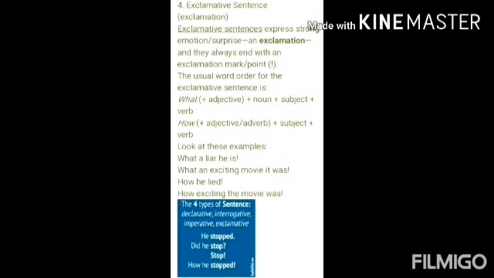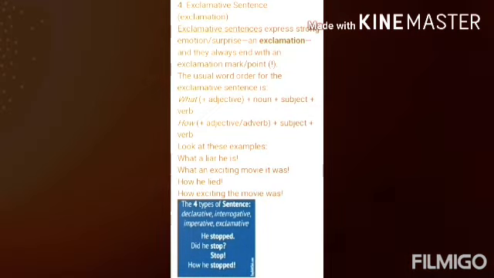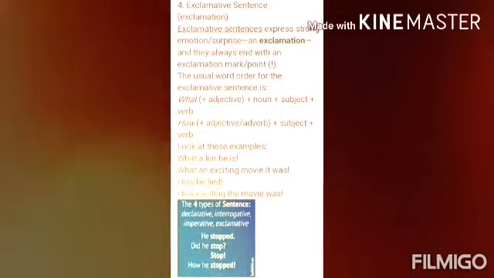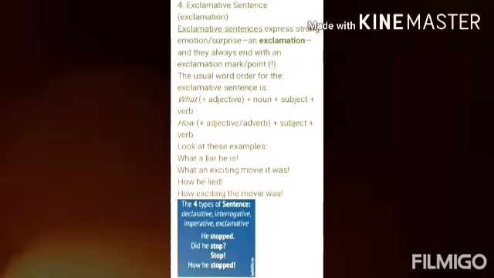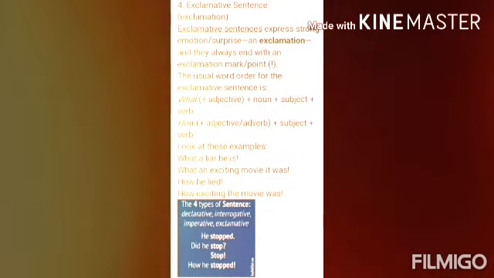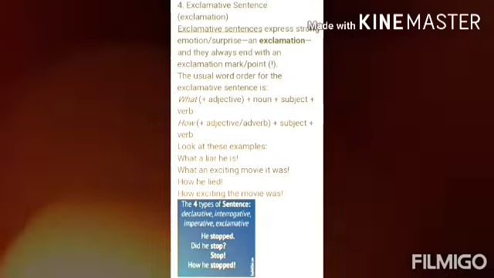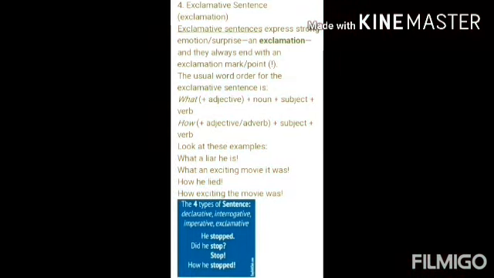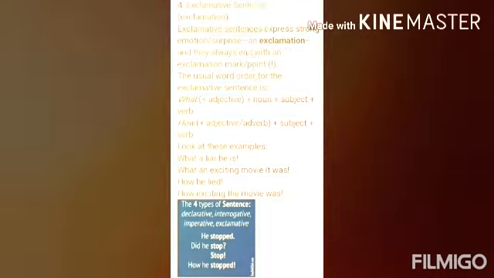In the exclamation mark, there is a straight line, and under it one dot. This sign is known as the exclamatory sign. A sentence that expresses some sudden or strong feeling of the mind is called an exclamatory sentence.